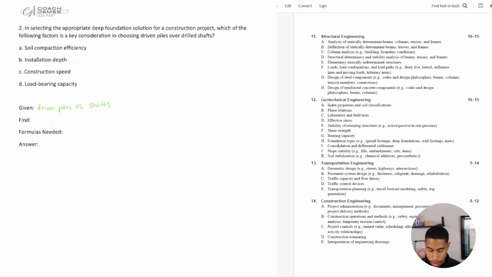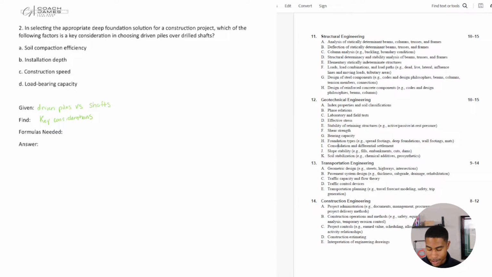We need to find key considerations. Basically, why should I choose a driven pile over a drilled shaft?